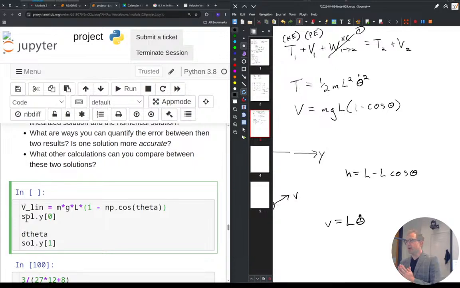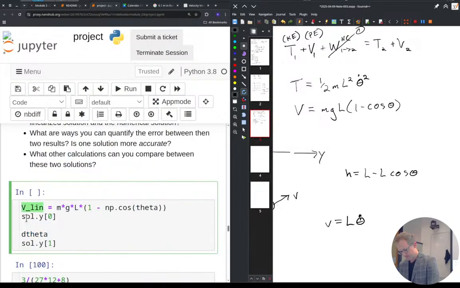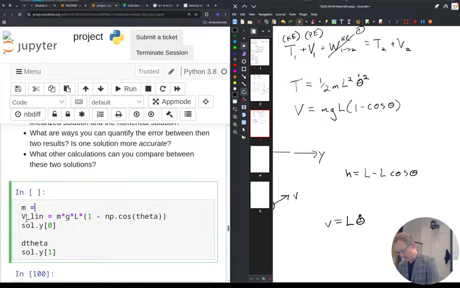I'm taking that theta that I predicted, say that it's 1 minus mgl times that 1 minus. And let's just give ourselves a mass, say that it's 1 kilogram. Unless this might be in feet, but that's okay. Now my V nonlinear is still the same equation.